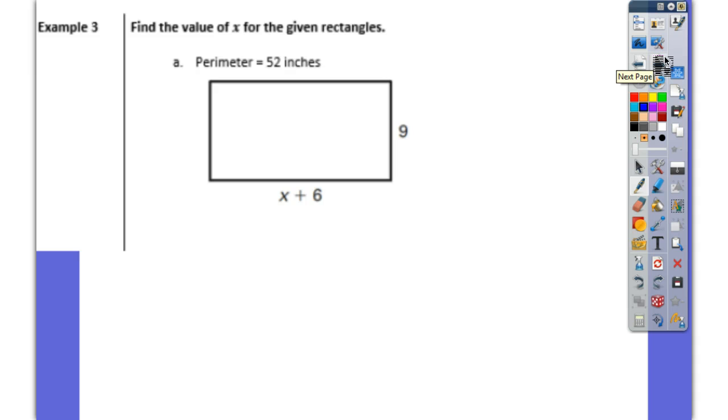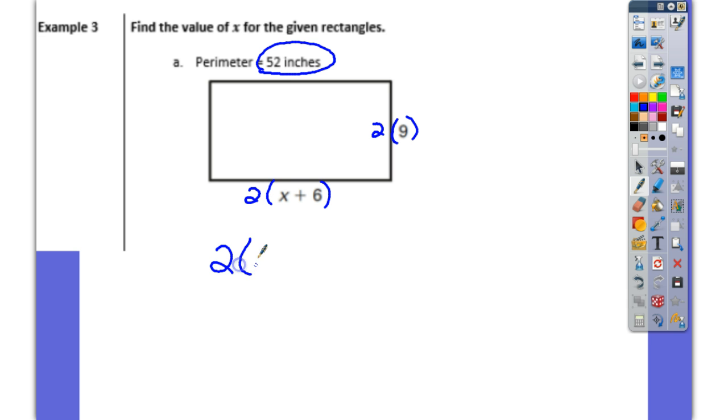All right, now perimeter again. The distance around a figure. We know here our perimeter is 52. We know we need 2 of these, so we can take this times 2. And we need 2 of these, one for here and one for here, and we take that times 2.